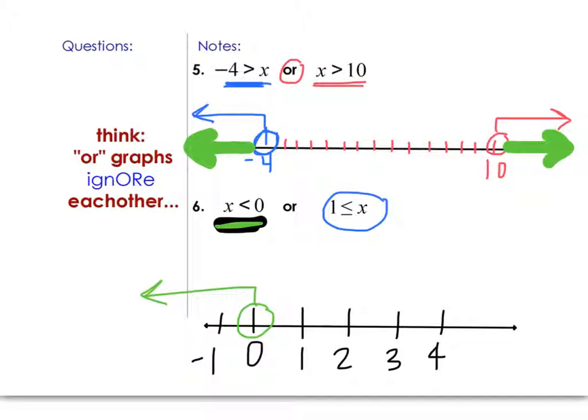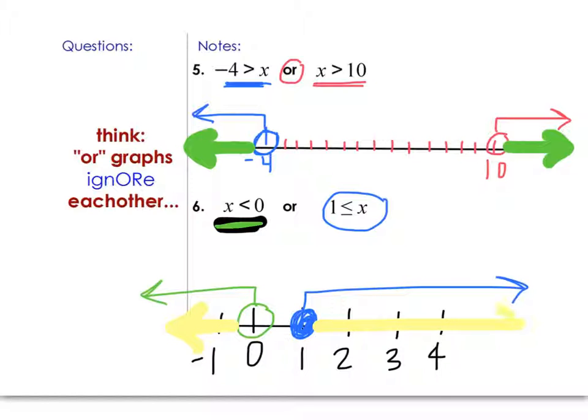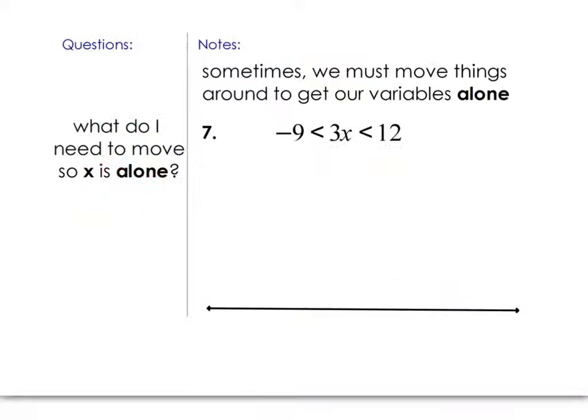X is greater than or equal to 1. I have a closed circle at 1. And now everything to the right. So, you're getting the hang of it by now. What's my answer? Everything down here and everything up here. And I'm going to have this open space in the middle.